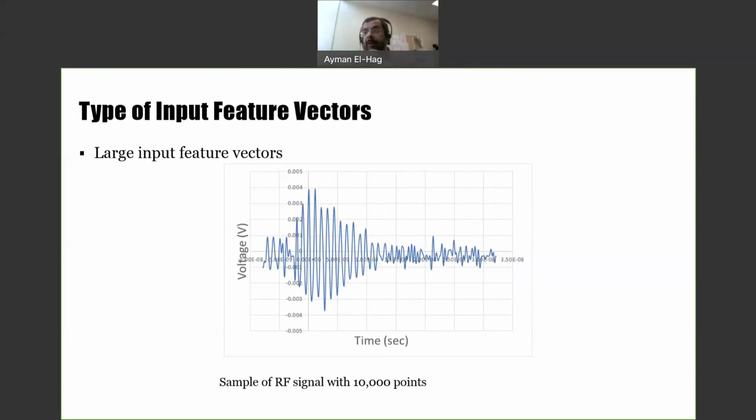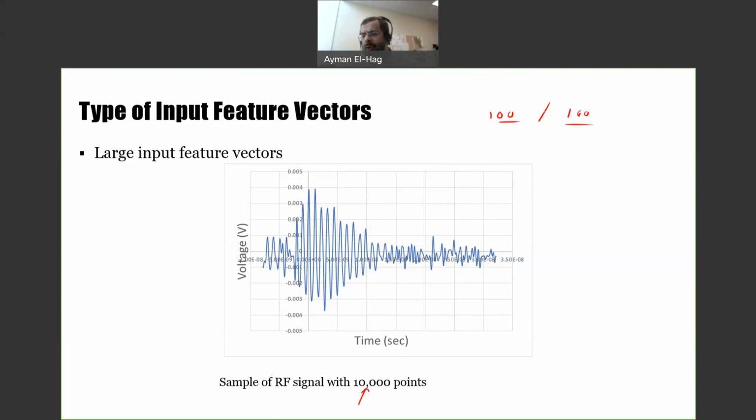Now, I need, let's say, 100 signals for the corona and 100 signals for the surface discharge. If every signal is 10,000 points, you multiply and you get 1 million data points for the input feature.